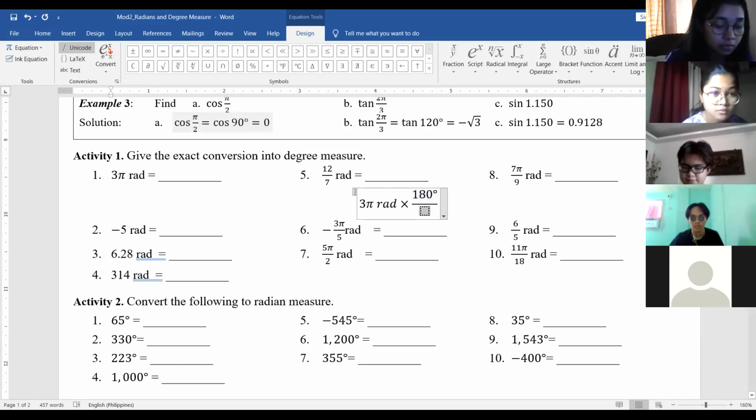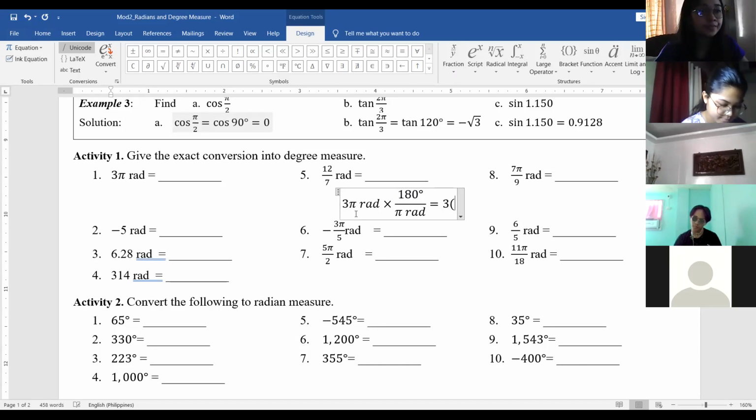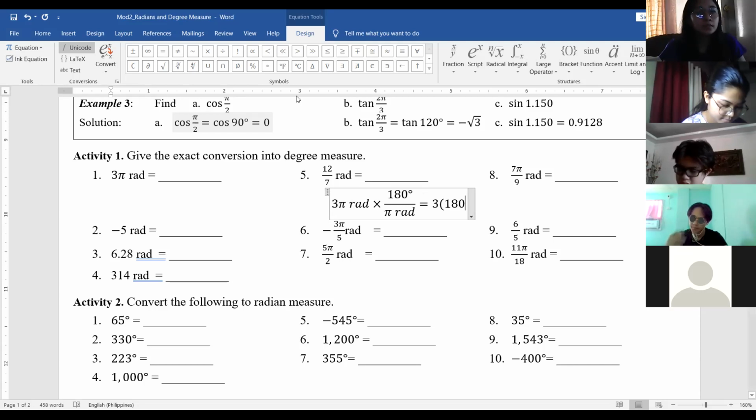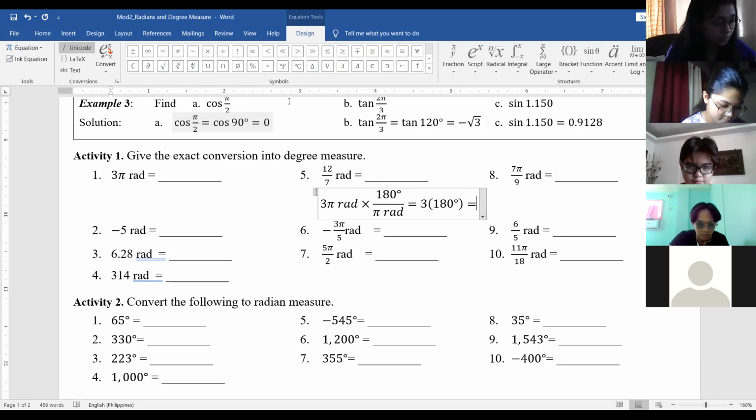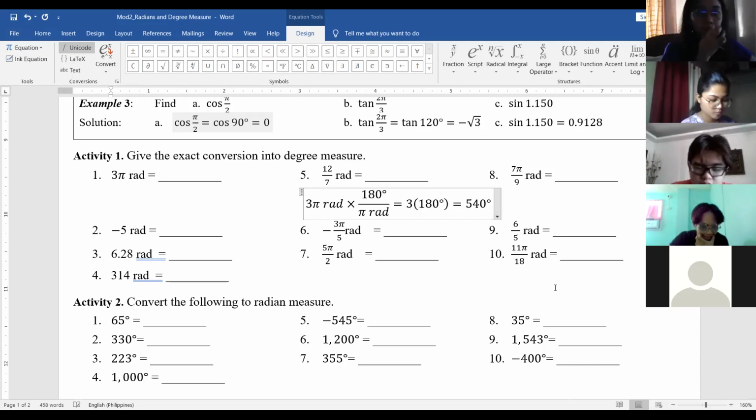So if you multiply 3 pi radian by 180 degrees over 1 pi radian, you cancel the pi and the radian, leaving 3 times 180 degrees. Multiply 3 and 180 degrees, and you'll get the answer 540 degrees.